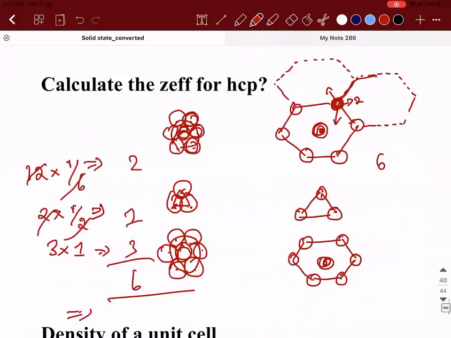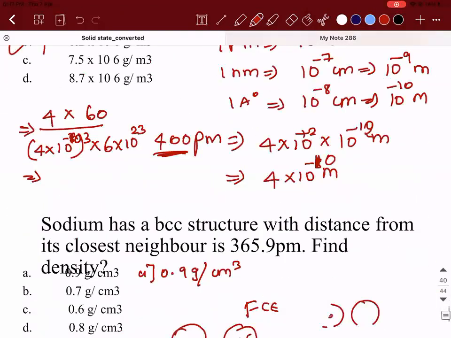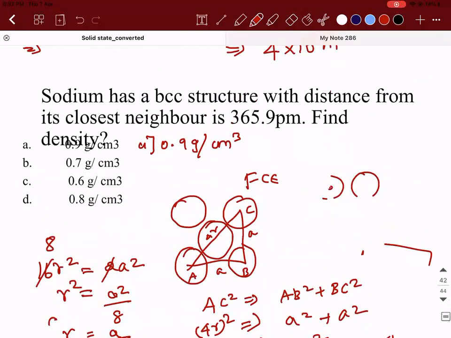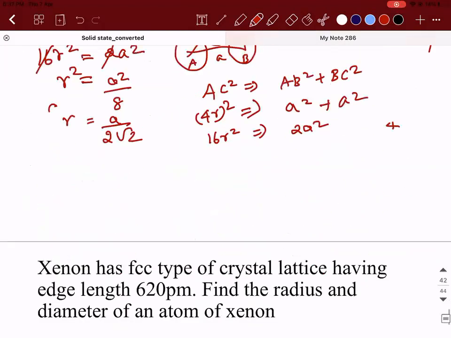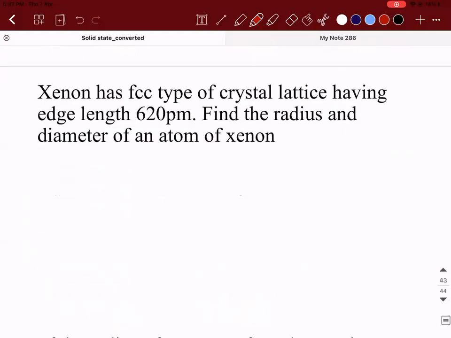Please copy this problem. This is the second problem, right? Copy it with the answers. Tomorrow is the next class. Yes, copy this problem.